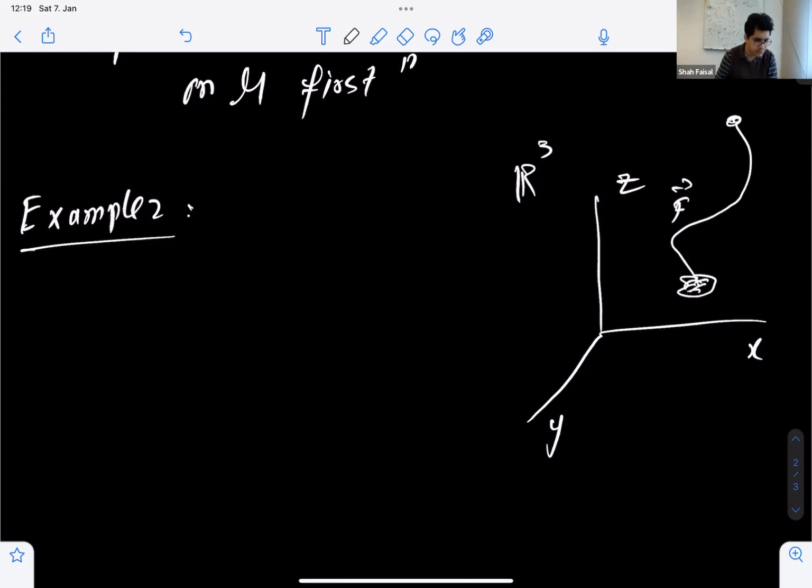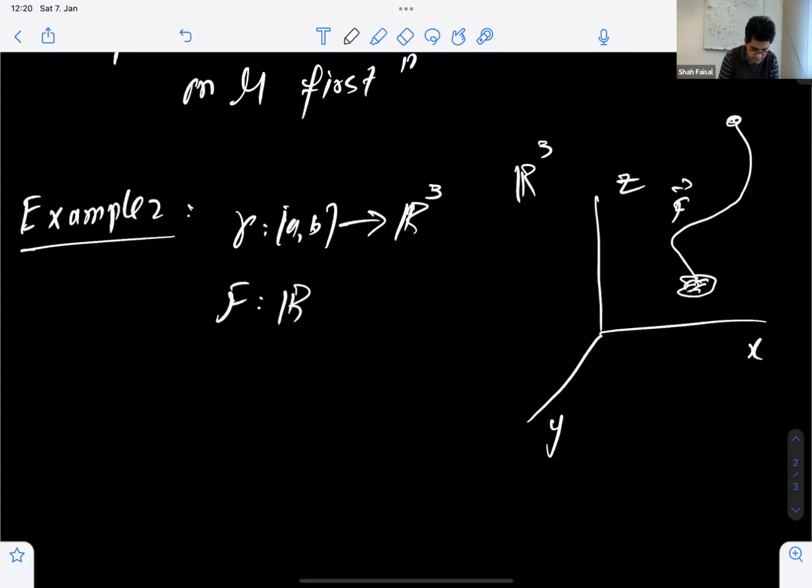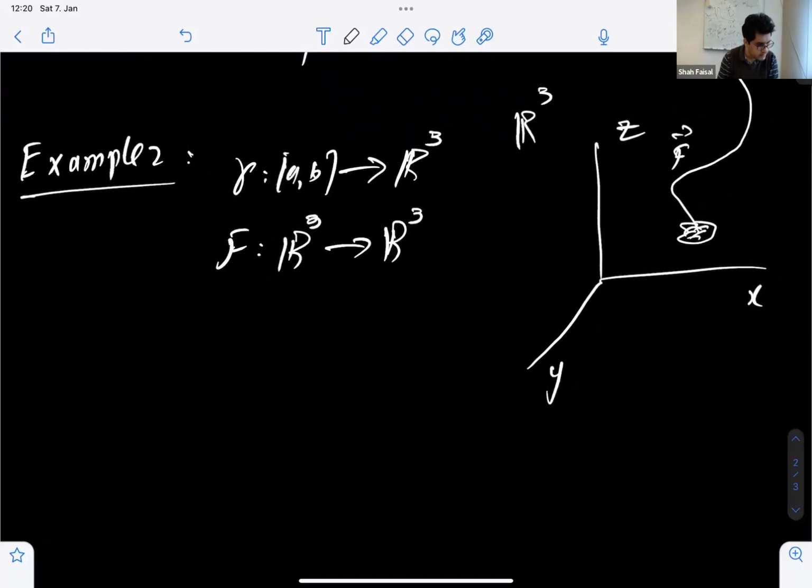Well, calculus would tell you the following: if the path along which you took the object is described by this function r, that's the path it follows, and the force you apply is F from R3 to R3, that's the vector field, then the work done is basically the integral along C of F dot dr. That's how you do it.